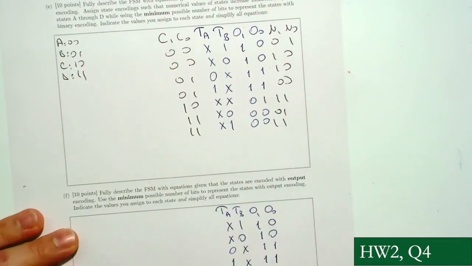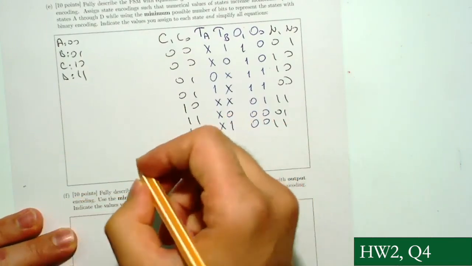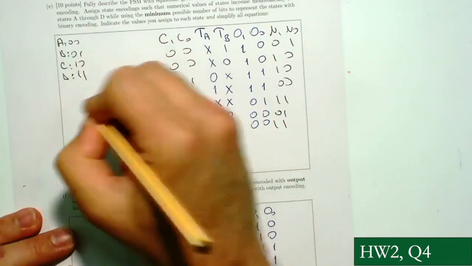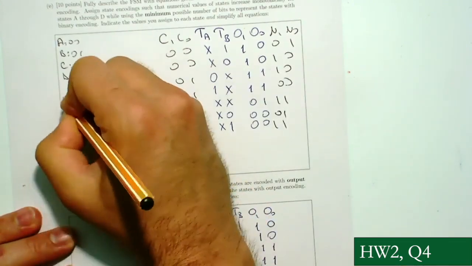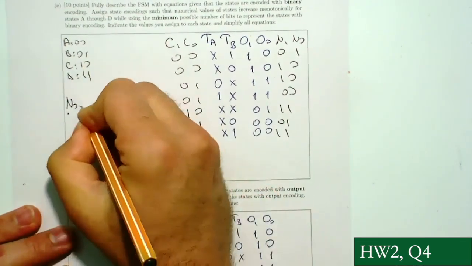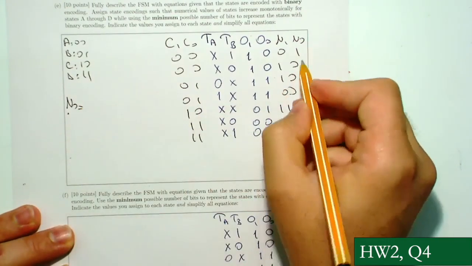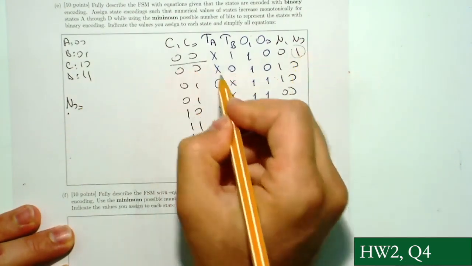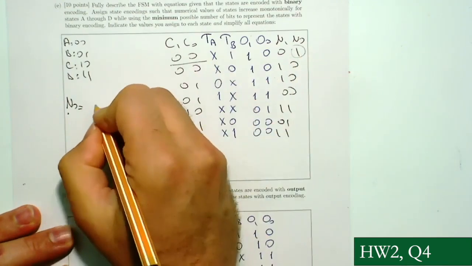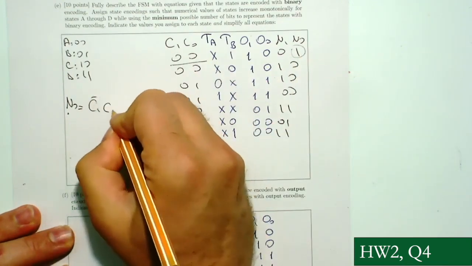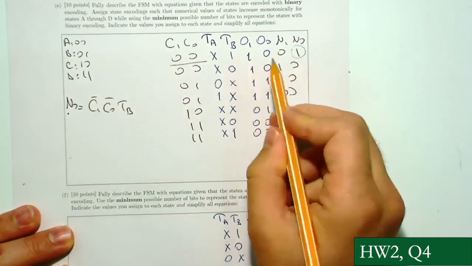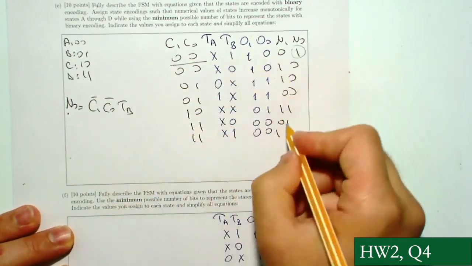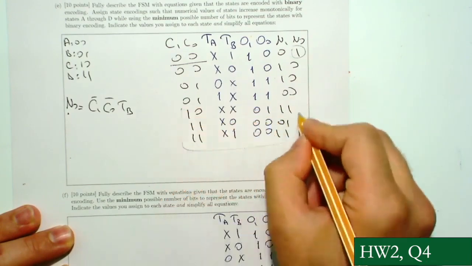So yeah, let's write the next state logic for N0. I'm going to write it here. For N0, I have 1 here. So this means that C1 not, C0 not, and TB is 1. Or I have ones here.